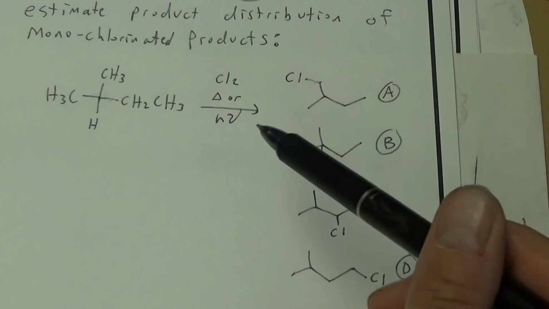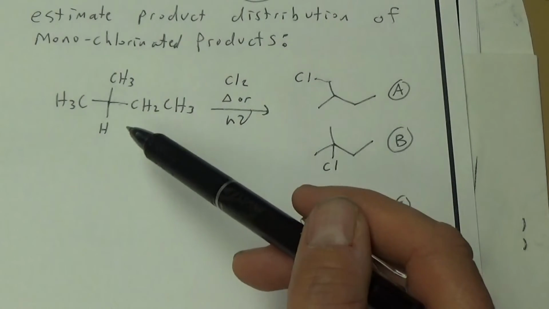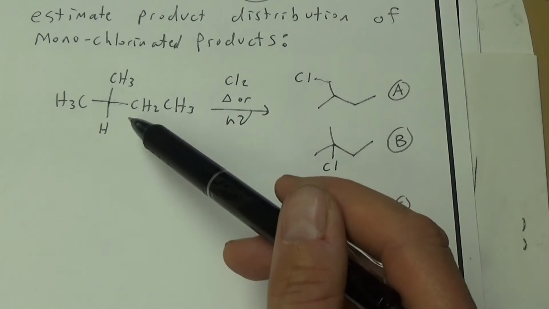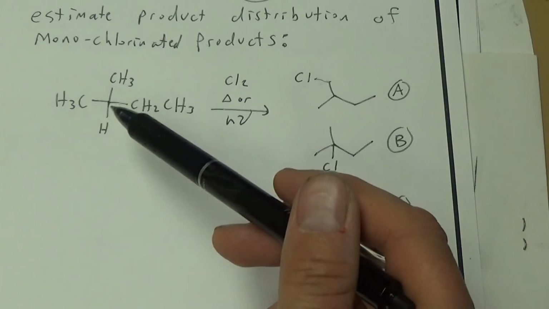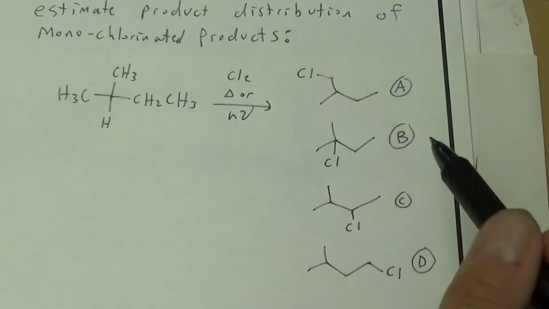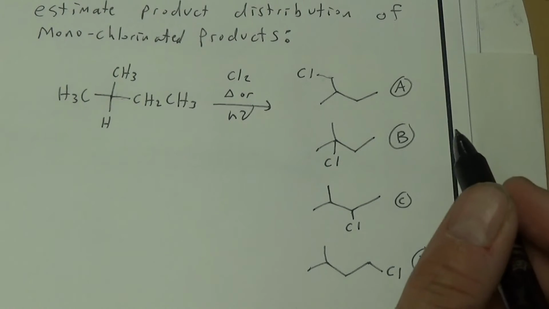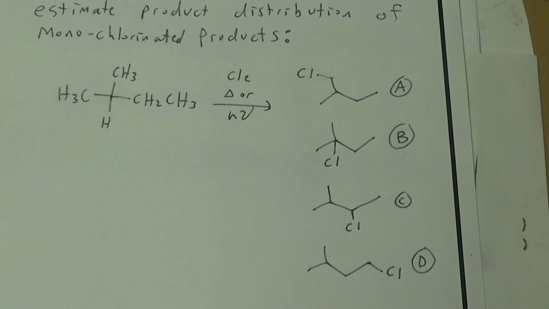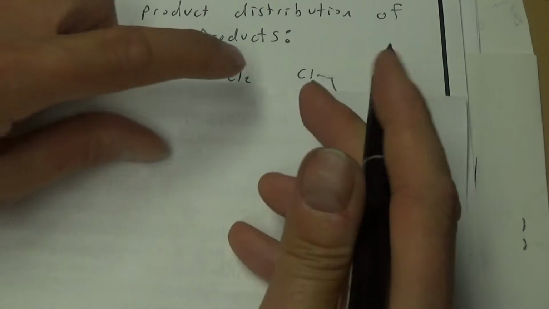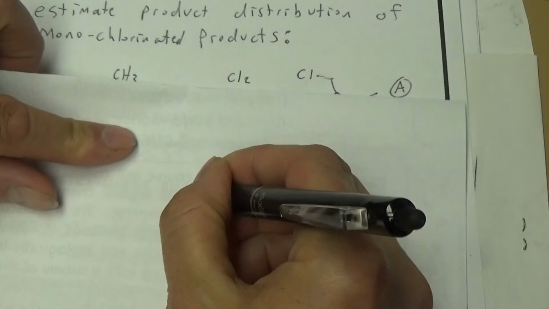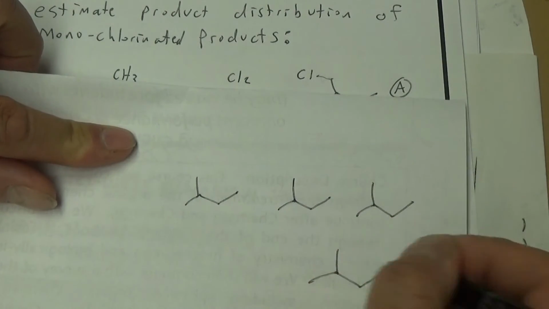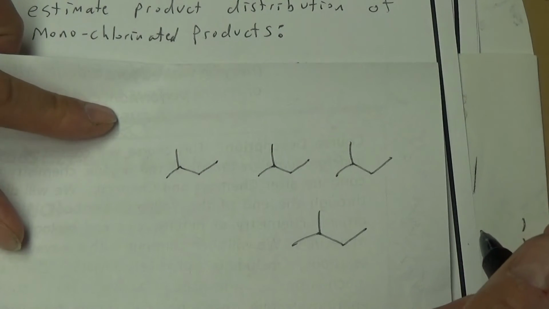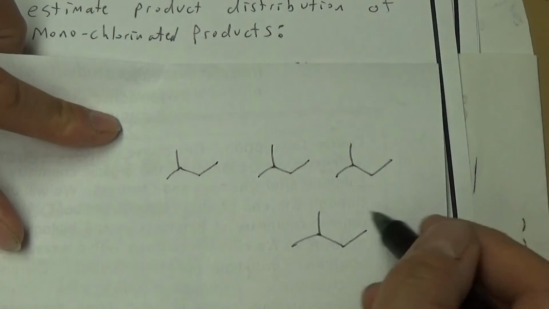One more trick: once I know how many unique hydrogens there are, a really quick way to do this is to draw 4 copies of the starting material in skeletal format.